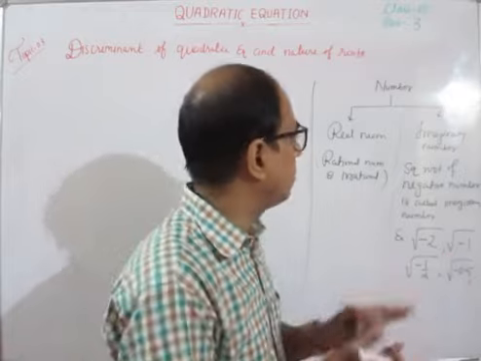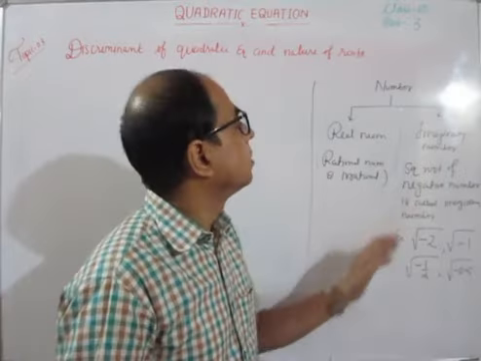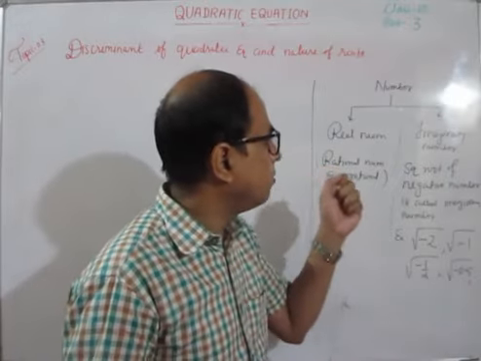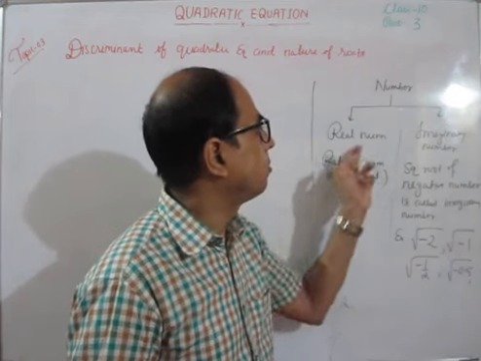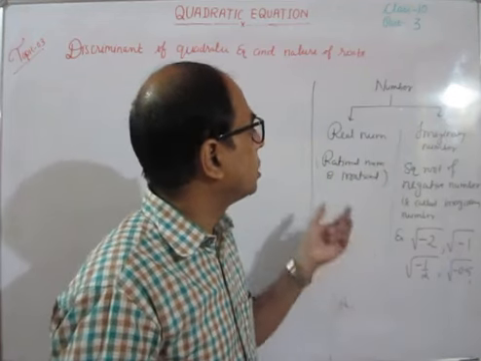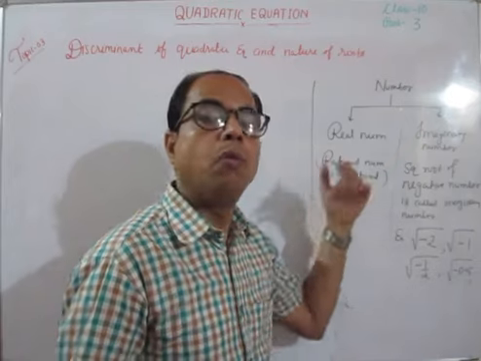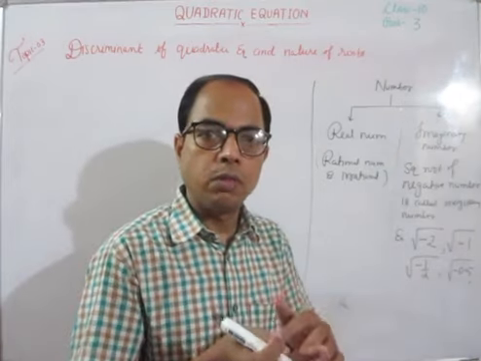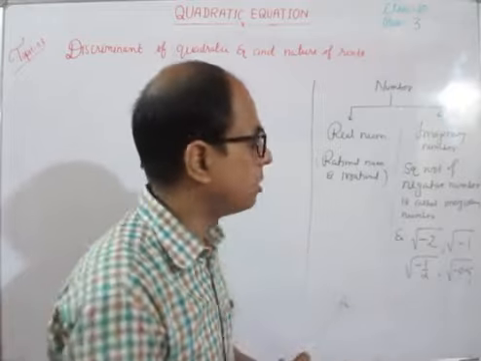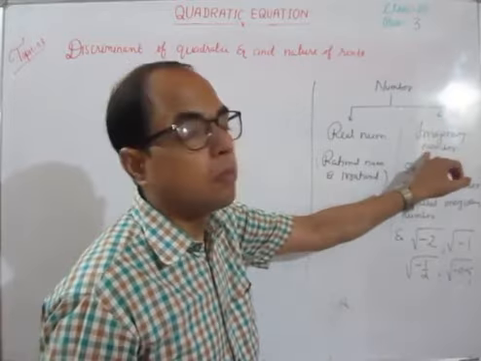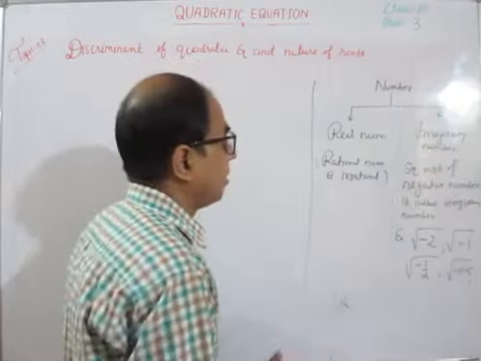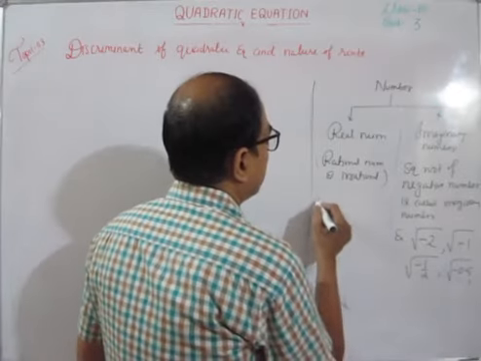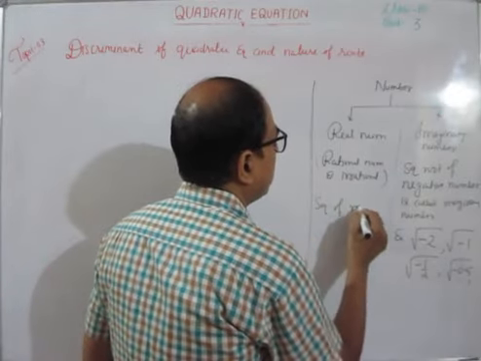So what is the difference between these two? One important difference is that the square of a real number is always positive. Whether the number is negative or positive, its square will always be positive. But the square of an imaginary number is always negative.